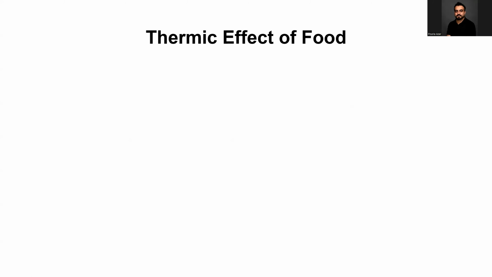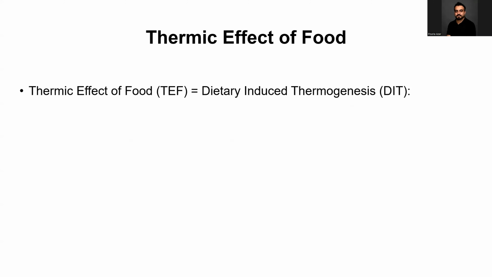And we have the thermic effect of food. This is the second component of total energy expenditure. Sometimes it's also called dietary induced thermogenesis, DIT, or thermic effect of food.